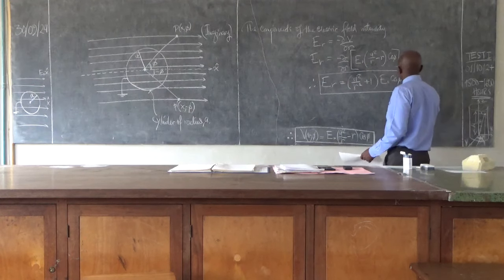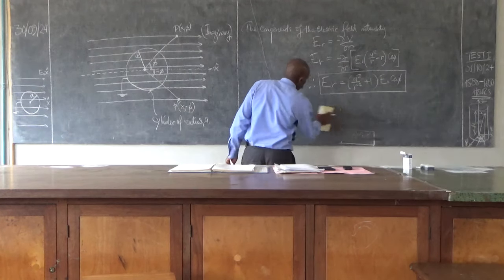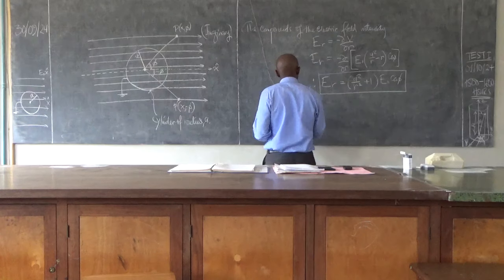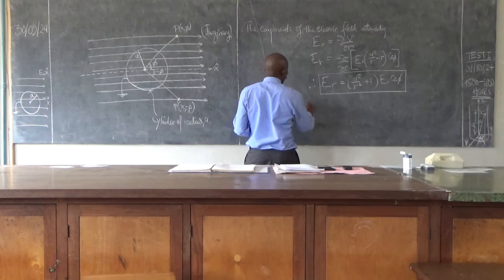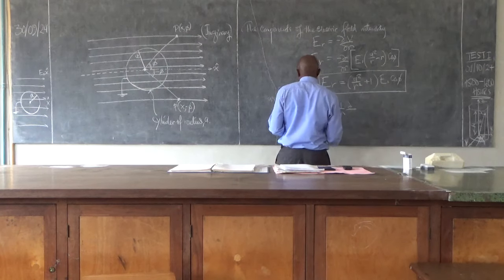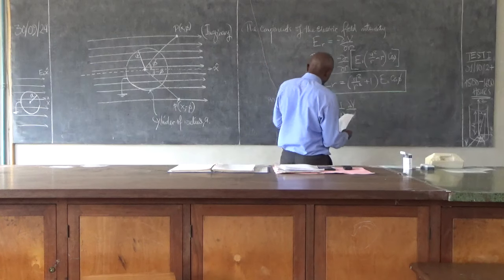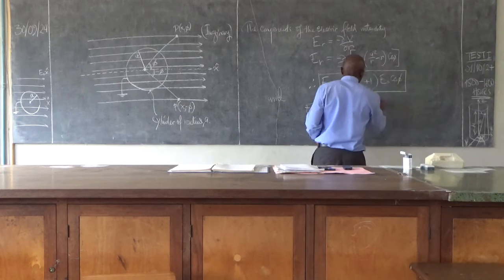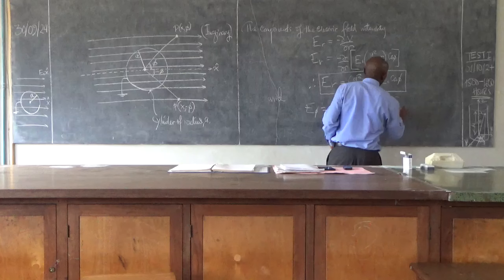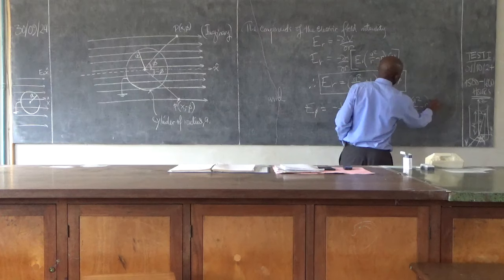We now differentiate this with respect to the azimuth, which is the phi, so that we get the azimuthal component, and then E phi will be equal to minus 1 over R, d V by d phi, which should be equal to minus 1 over R, d by d phi of this whole thing, E naught into A squared over R minus R, cos phi.